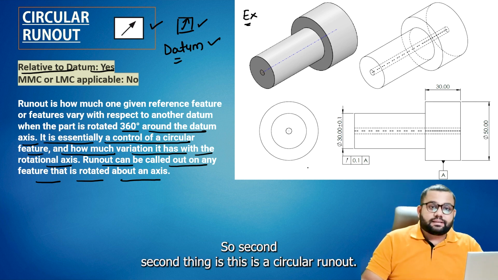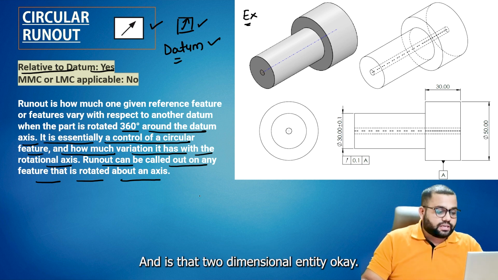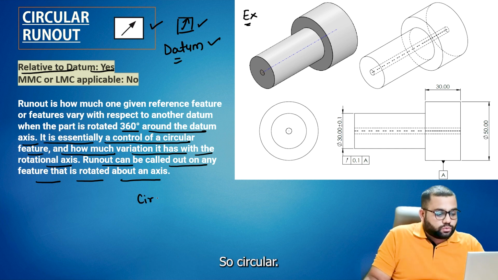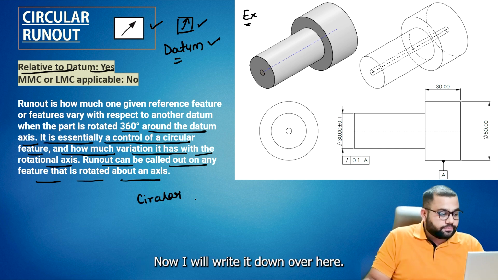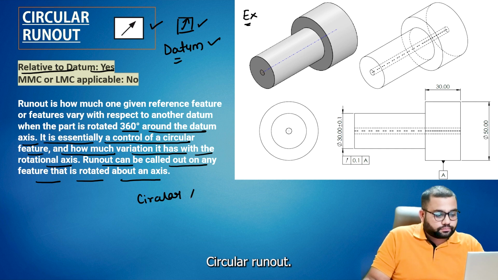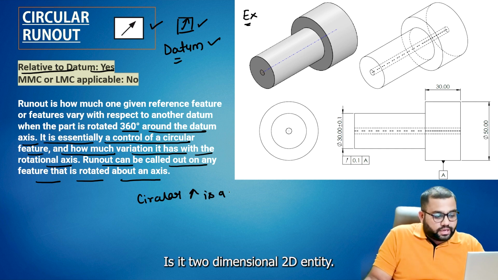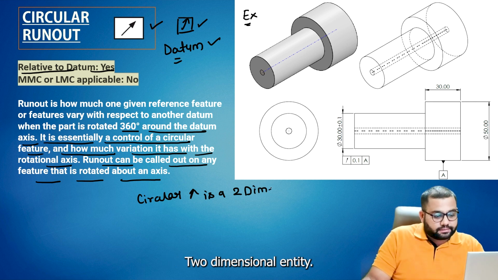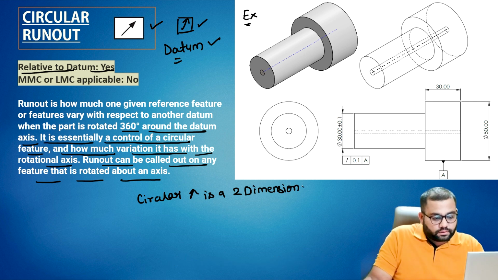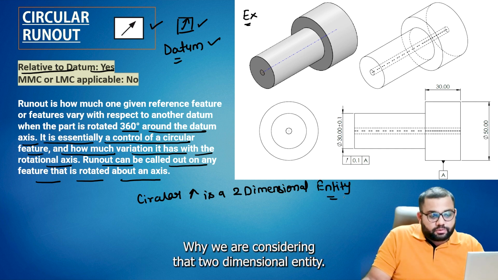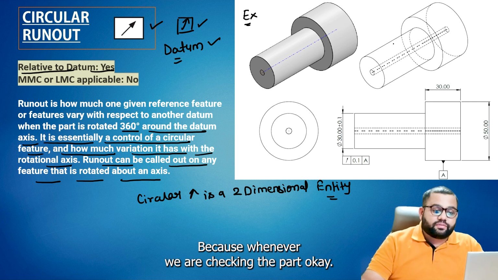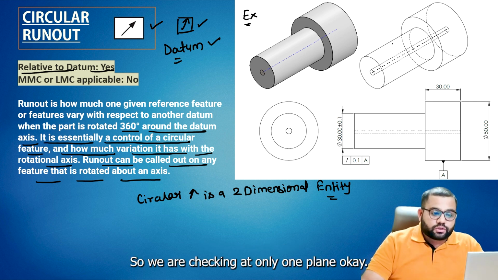The second thing is that circular runout is a two-dimensional entity. I will write it down over here: circular runout is a two-dimensional, 2D entity. Why are we considering it a two-dimensional entity? Because whenever we check the part, we are checking at only one plane.